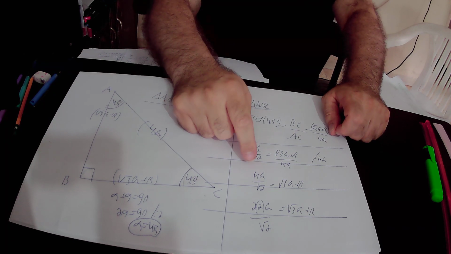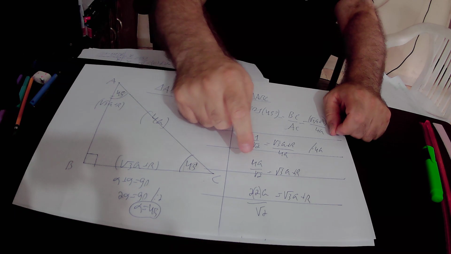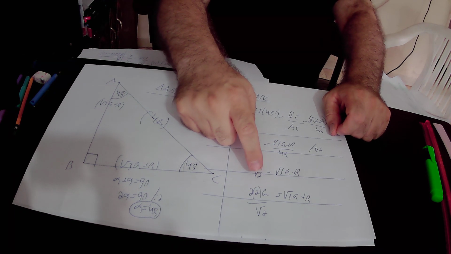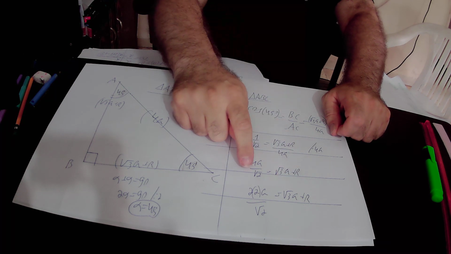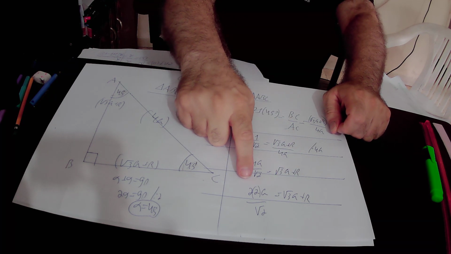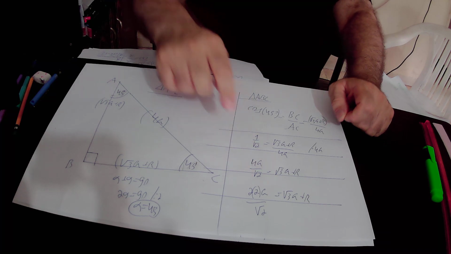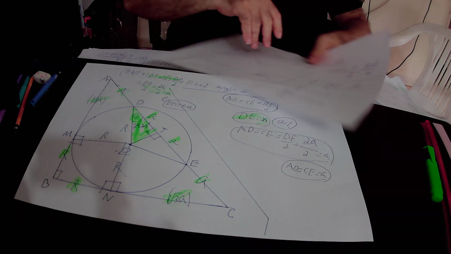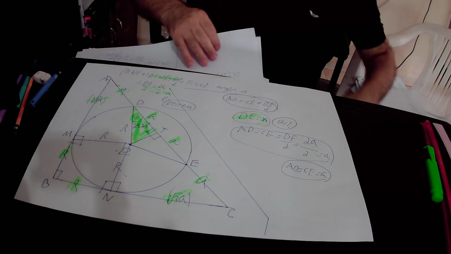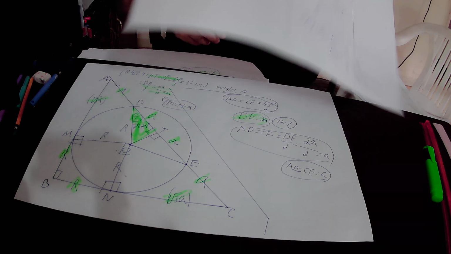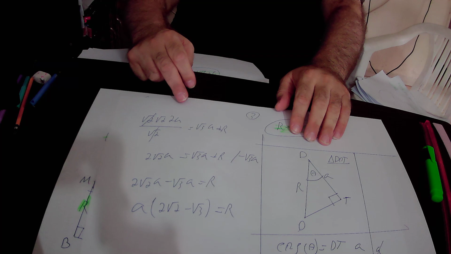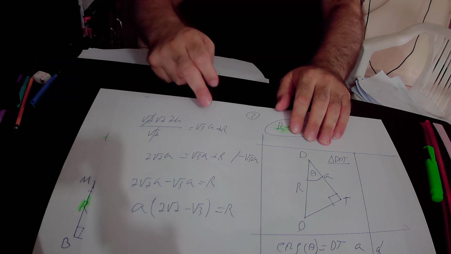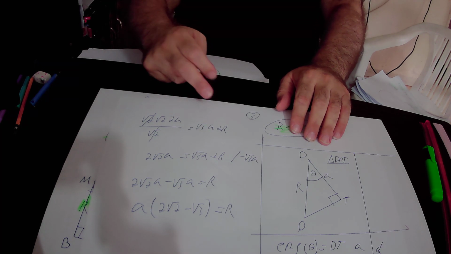Then we substitute 4 by 2 times 2 and found out that 2 times 2a over square root of 2 equals square root of 3 times a plus r. Then we substituted one of the 2's by square root of 2 times square root of 2, so we have square root of 2 times square root of 2 times 2a over square root of 2 equals square root of 3 times a plus r.